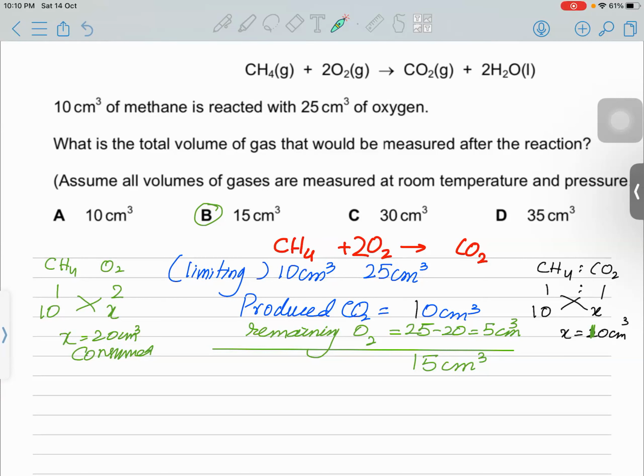So it's leftover after the reaction, and the leftover amount is 5 cm cube. So 5 cm cube of oxygen is left, 10 cm cube of carbon dioxide is left, and CH4 is all consumed. Okay, sir. Now, next question.